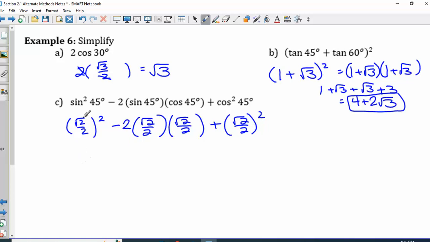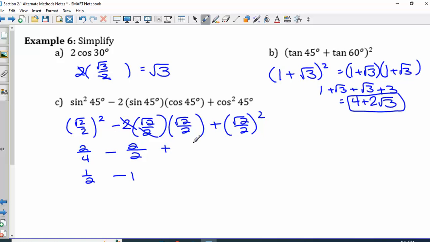After we squared, yeah. All right, so if we square these, radical 2 times radical 2 is just 2. 2 times 2 is 4. So 2 fourths or 1/2. And multiply this, I could drop 1, 2. Radical 2 times radical 2 is 2 over 2, which is just 1.